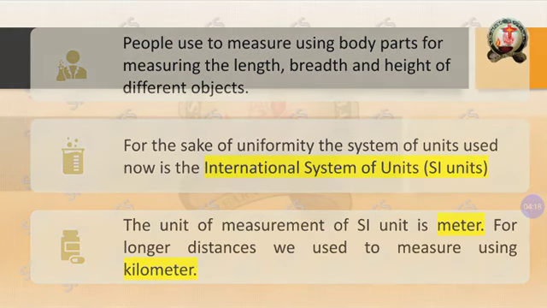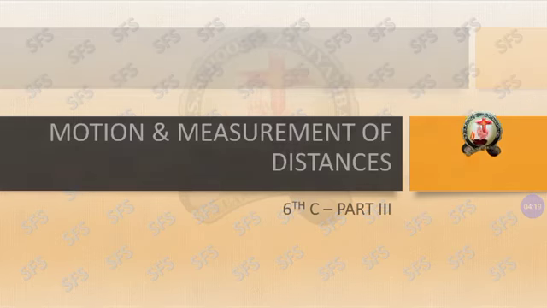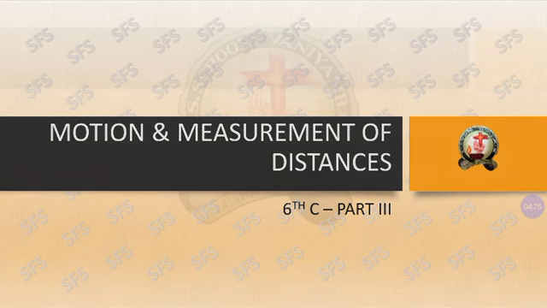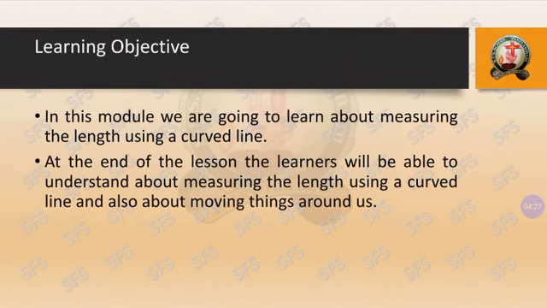Now let's move on to the next part of the chapter, motion and measurement of distances. In today's class we have two learning objectives. In the previous class we learnt in general how to measure the length of an object, but today we are going to learn specifically about measuring length using a curved line.